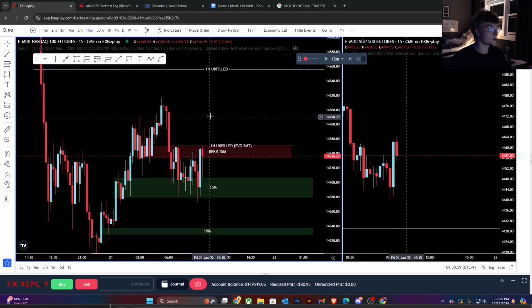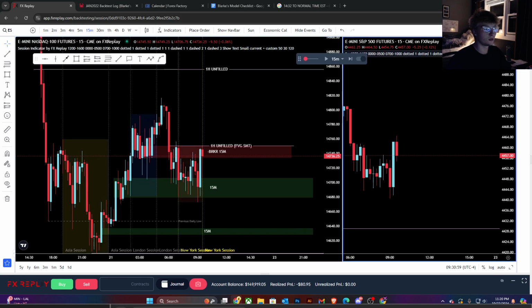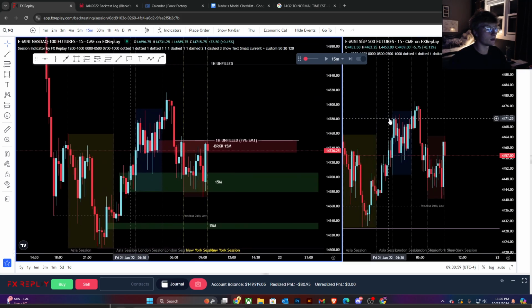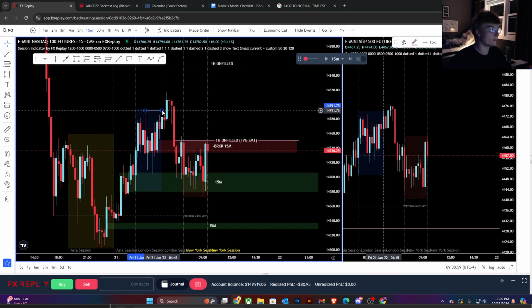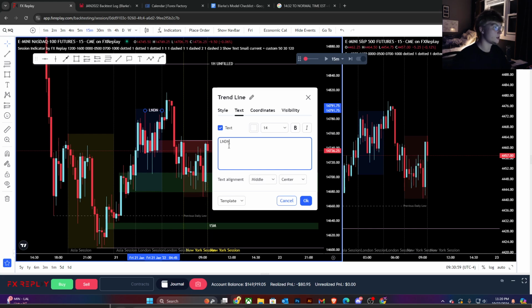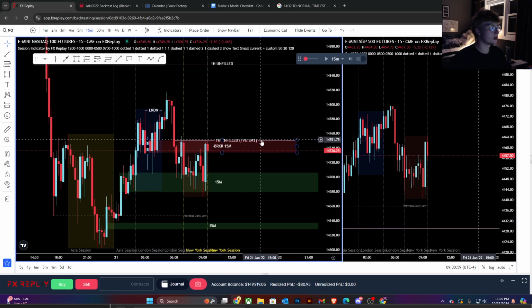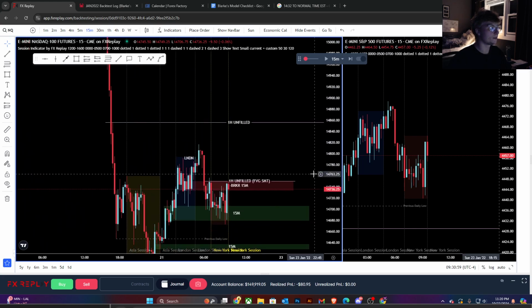But yeah, let's throw our session indicator on. Looks like took out Asia. Wait, no, took out London here. Keep that in mind. Gave the move lower.